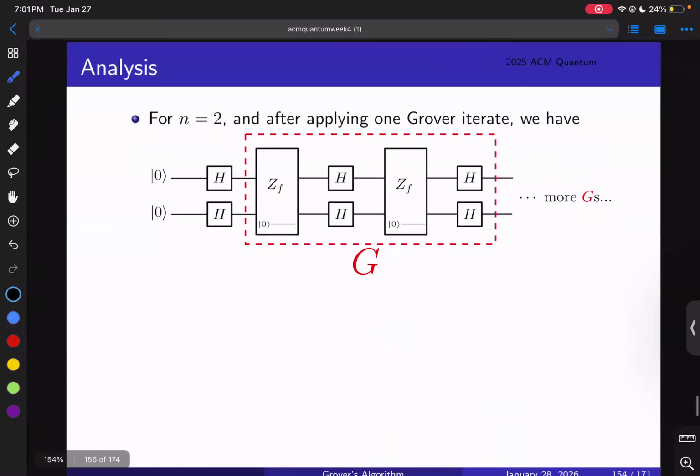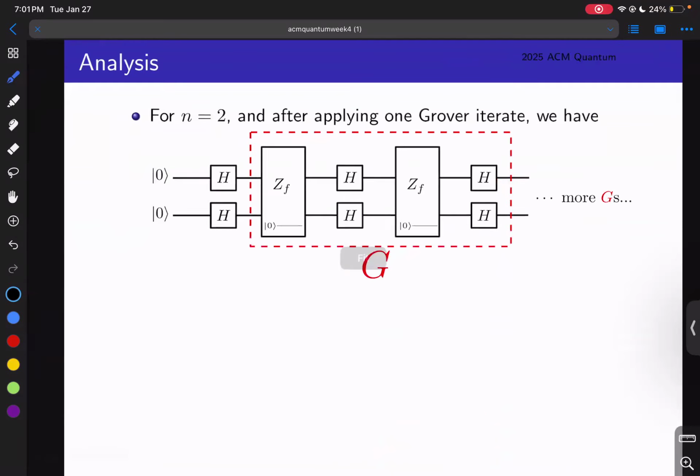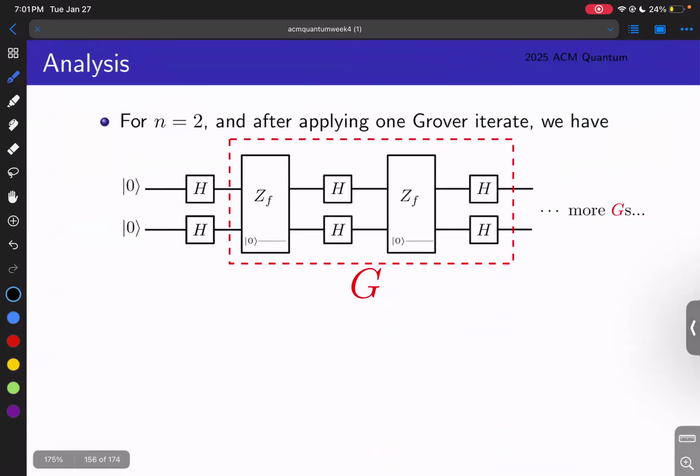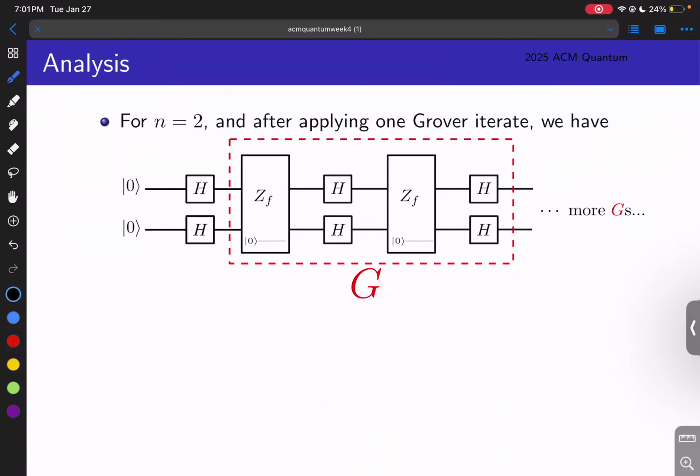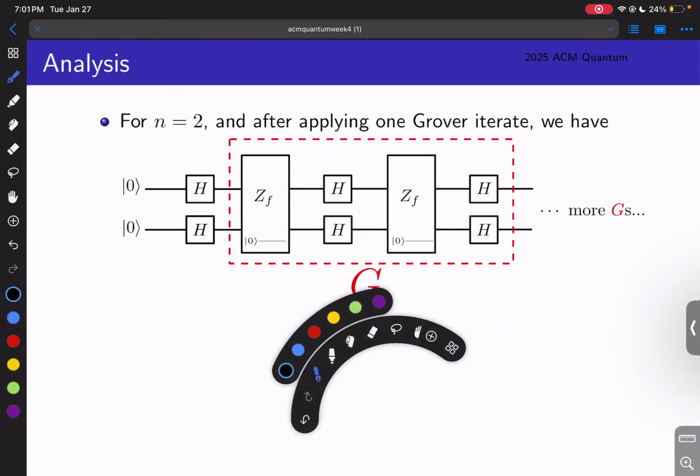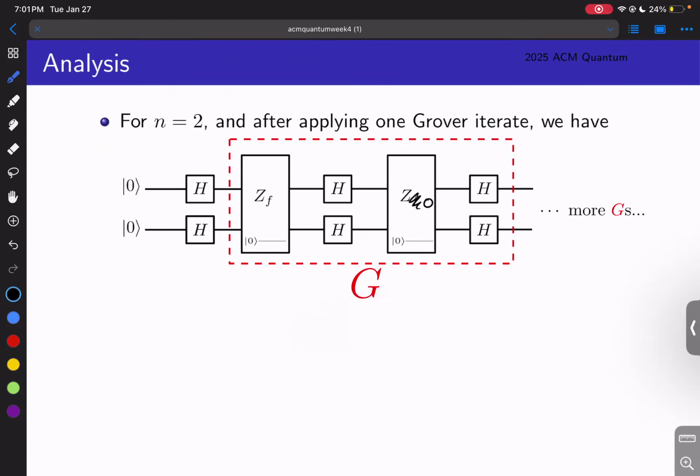Here's the circuit diagram to help you. We start with all zeros. We apply a Hadamard layer, and then we apply the Grover iterate G, which is composed of the oracle ZF, which does the B reflection, which uses some ancillas. Then you apply a Hadamard layer. This is supposed to say Z naught. And then another Hadamard layer.